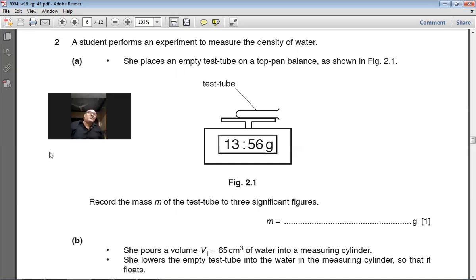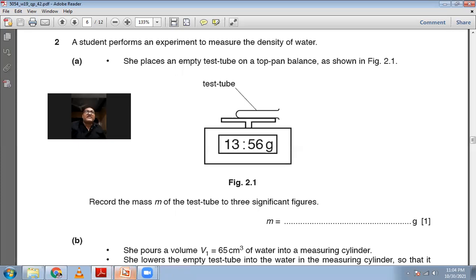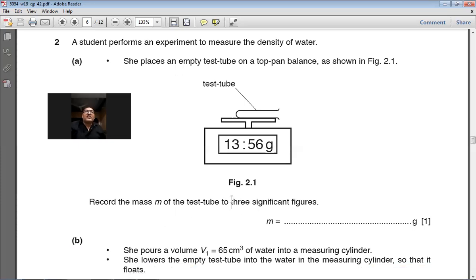Here it is 13.56 grams. It's very important to note down that it says 3 significant figures. So basically this reading is 13.56 gram.